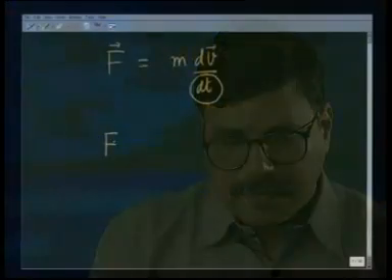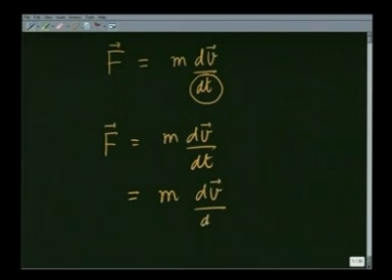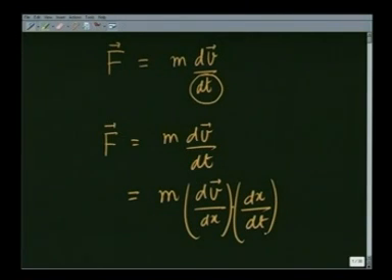If I write F equals m dV/dt, I can write this as m dV/dx times dx/dt. I am taking only one dimension into account right now. For 3 dimensional cases, we will see later what happens.